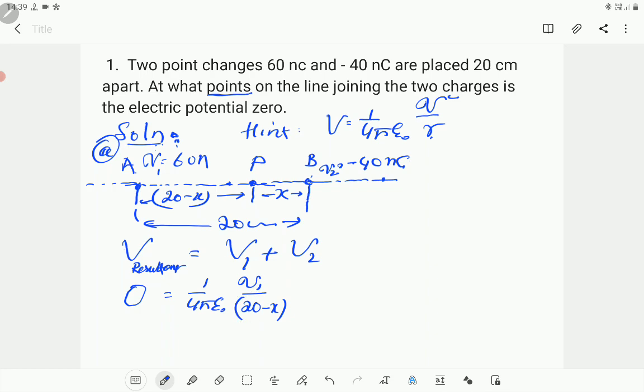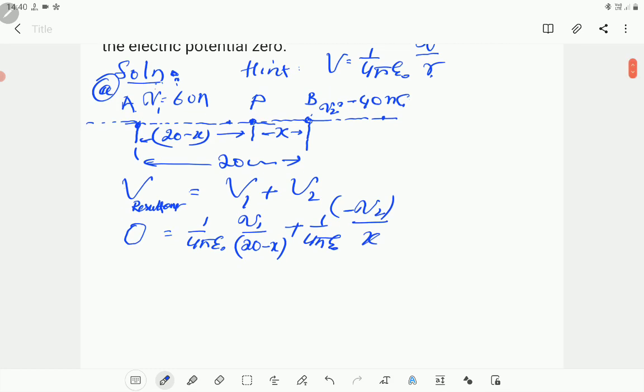Remember, some of you make the mistake of squaring. Generally for potential you put square, because for electric field and force you have squared. That's why be careful. Minus 1 over 4 pi epsilon 0, charge Q2 divided by distance x. Why minus? In fact, if I write plus, you must write minus. This is a negative charge. The common term 1 over 4 pi epsilon 0 goes to this side.